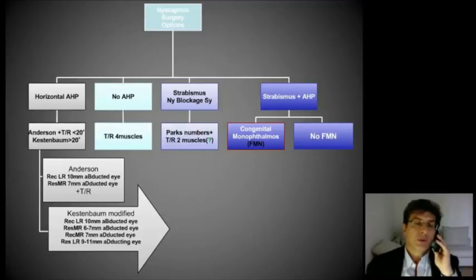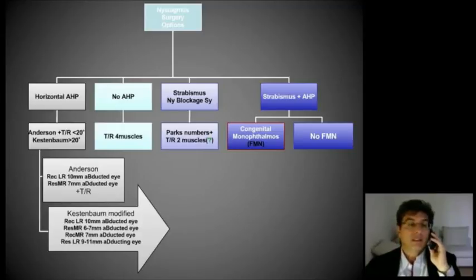With the modified Kestenbaum, what I do is the recession of the lateral rectus of 10 millimeters of the abducting eye and recession of the medial rectus of 7 millimeters of the abducting eye, recession of the medial rectus of 7 millimeters of the adducting eye, and recession of the lateral rectus of 9 to 11 millimeters of the adducting eye.